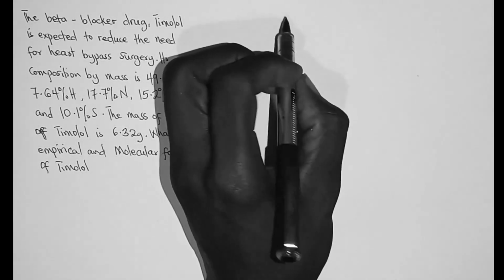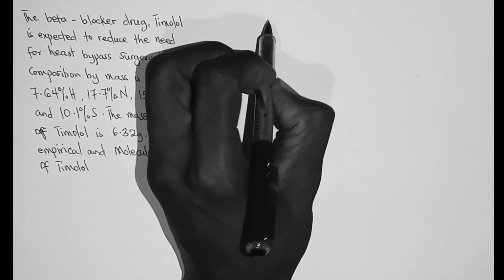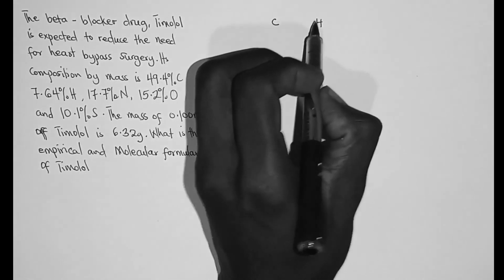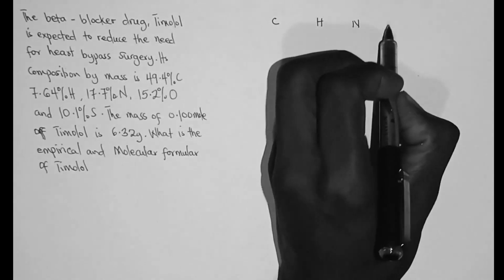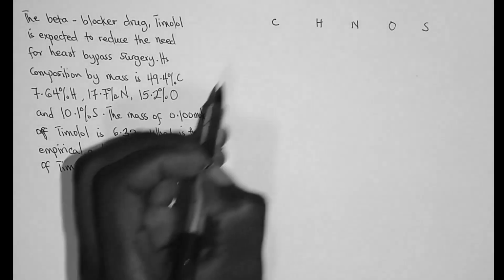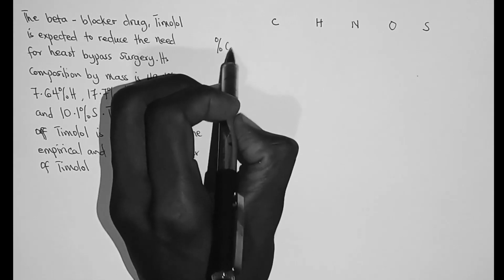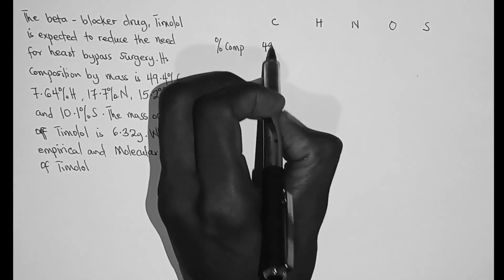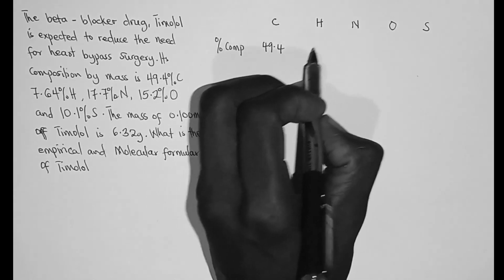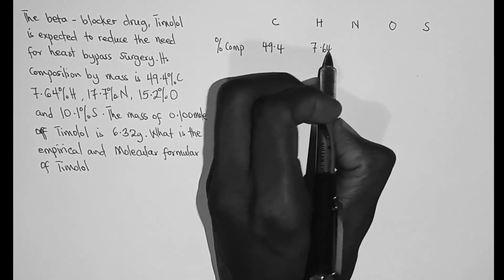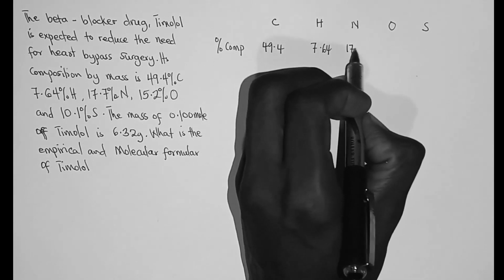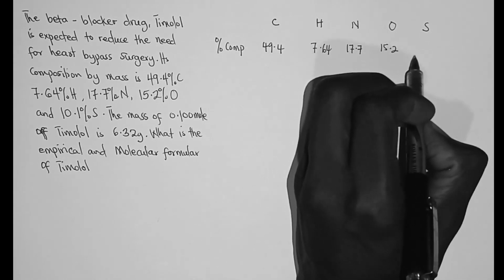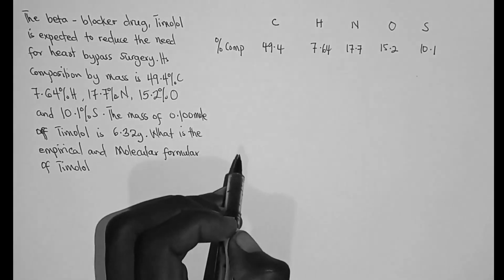So the various elements are carbon, hydrogen, nitrogen, oxygen, and then sulfur. So the percent composition of carbon is 49.4%. Then hydrogen is 7.64, nitrogen is 17.7, oxygen is 15.2, and then sulfur is 10.1%.